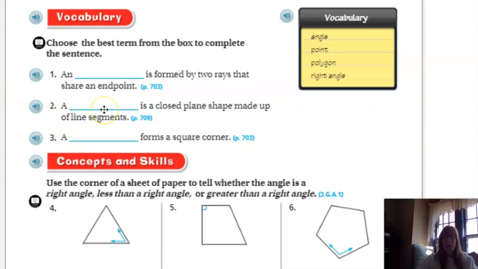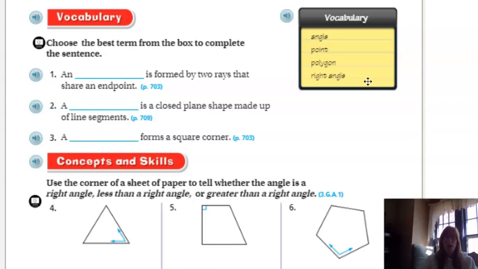It says a blank is a closed plane shape made up of line segments. Hopefully you're thinking that it didn't say any curves or anything like that. So our choices are point, which is just the end, like a period; right angle, which is two line segments that come together and form a 90-degree angle; or polygon.